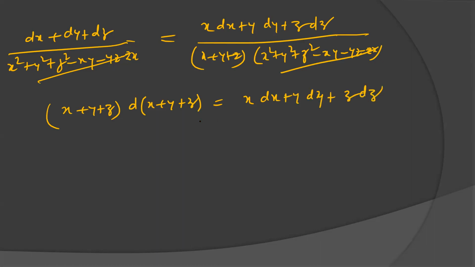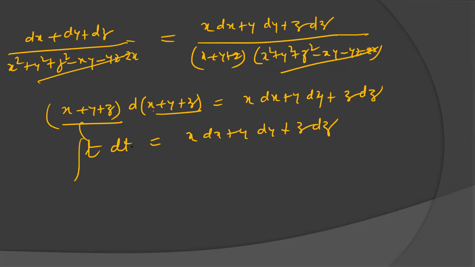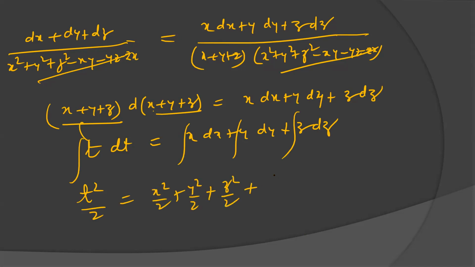What we have written here, see carefully. This is the derivative of dx plus dy plus dz. If you call it a variable t, this is t dt, and this is x dx plus y dy plus z dz. Here t is x plus y plus z. Now if you integrate both sides, t square by 2 is equal to x square by 2 plus y square by 2 plus z square by 2 plus c2 by 2.